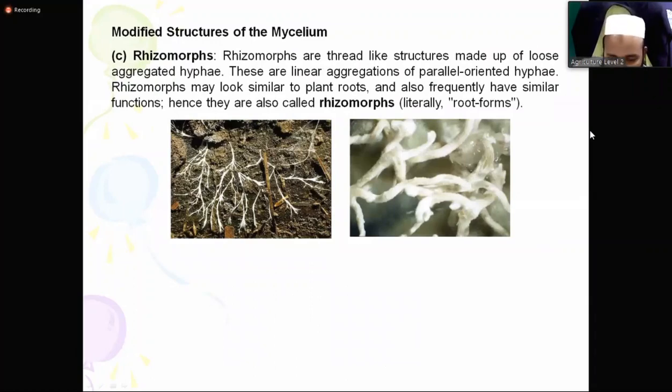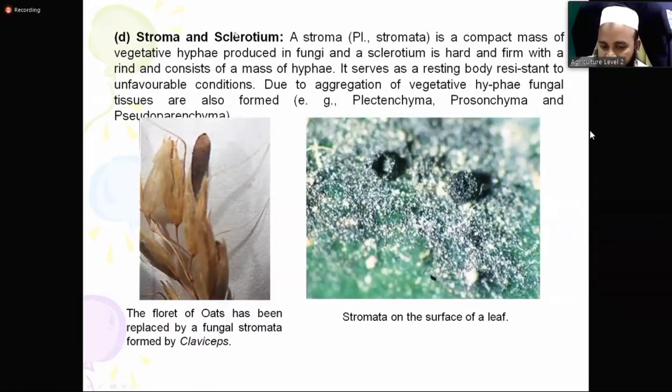Rhizomorph. Rhizo means root, morph means shape, so root shape. They look like roots, are bigger, and you can see them with the naked eye. We also discussed the stroma and sclerotium.